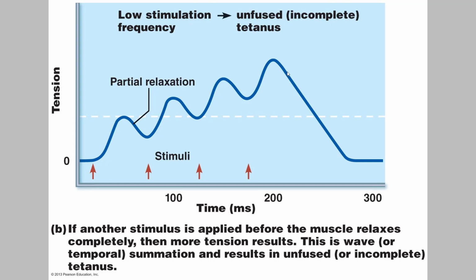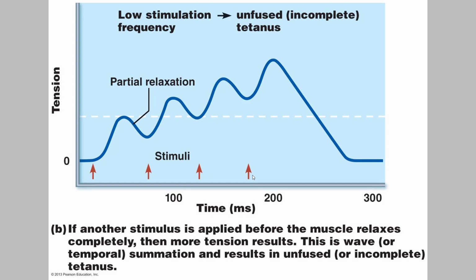Tetanus is tension building within a muscle. So incomplete tetanus, we have a little bit of relaxation after each contraction period. And the reason for that is because these stimuli are coming relatively slowly.